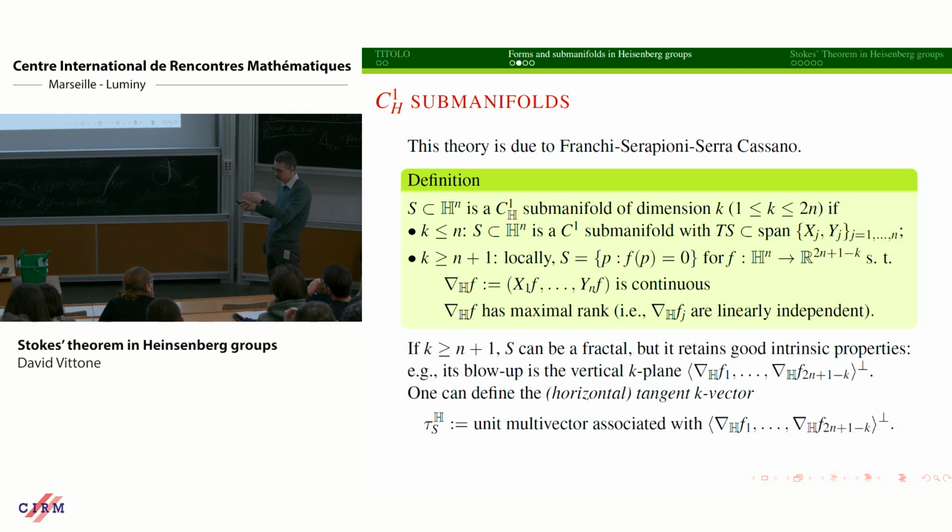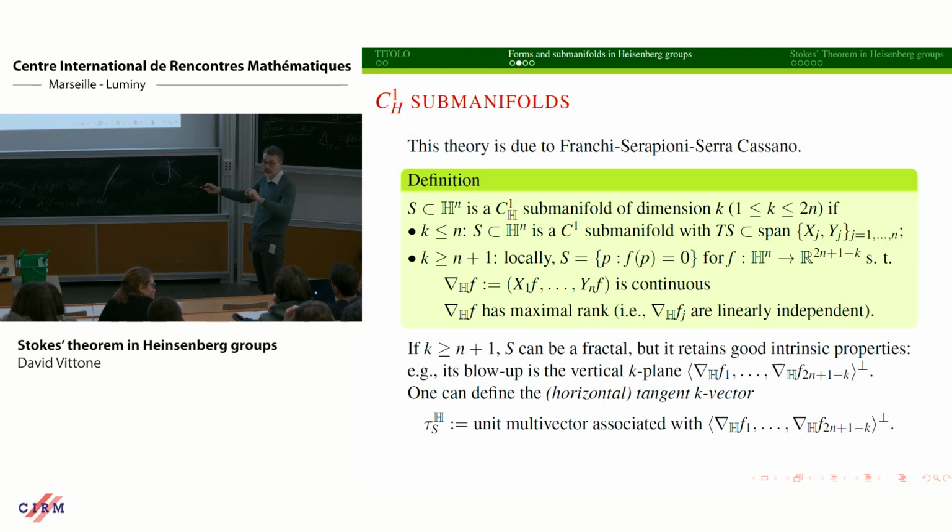By vertical, I mean that it contains the direction t, the vertical direction t, and in fact, when you identify Heisenberg and its Lie algebra, its tangent space, this vertical k-plane is the orthogonal to the candidate normals that I mentioned before.